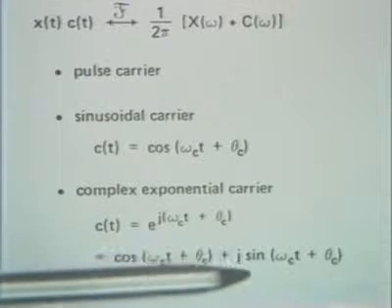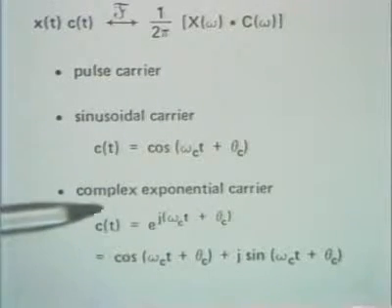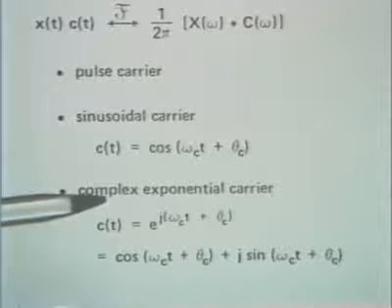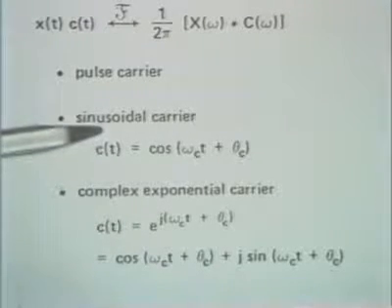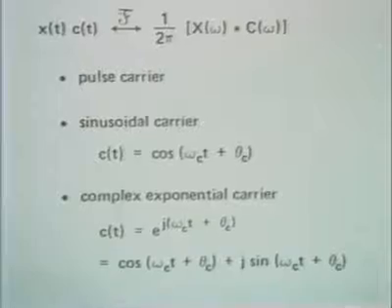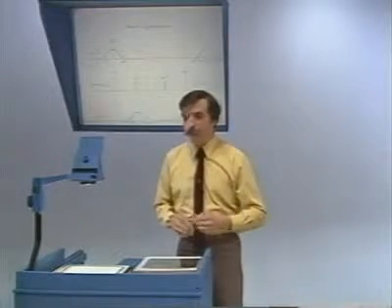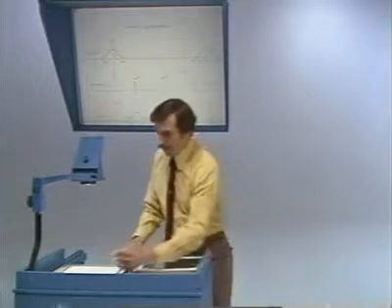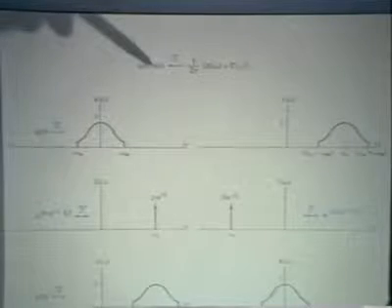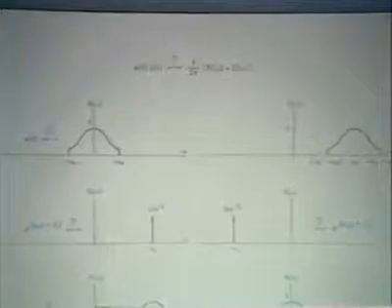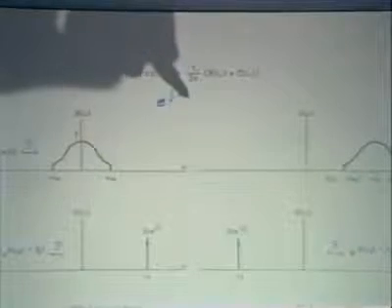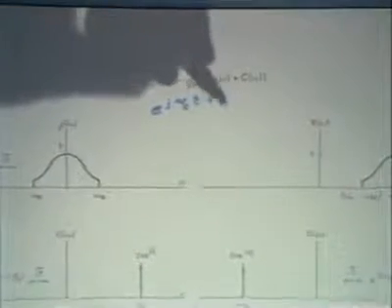So let's first begin the discussion of amplitude modulation by considering a complex exponential carrier and then moving on to a discussion of a sinusoidal carrier. So the issue then is that we have a signal, x of t, it's multiplied by a carrier, and the carrier that we're considering is a carrier signal, c of t, of the form e to the j (omega c t plus theta c).